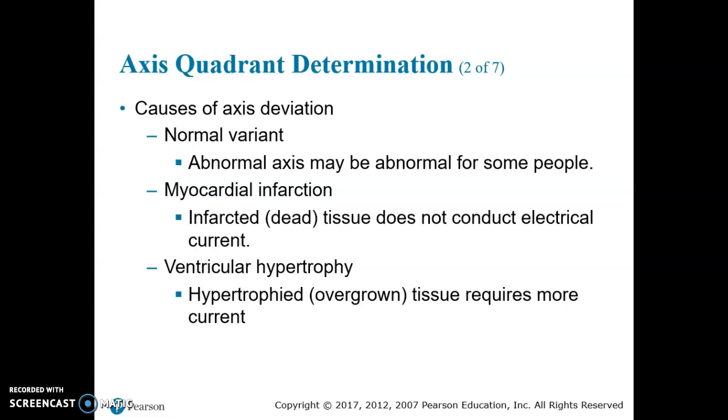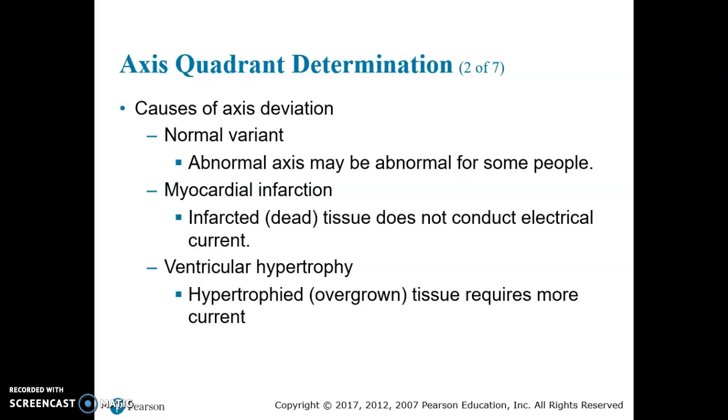With the myocardial infarction, the infarcted dead tissue does not conduct electrical current. So the impulse may travel away or around that dead tissue, which causes a shift in the axis.